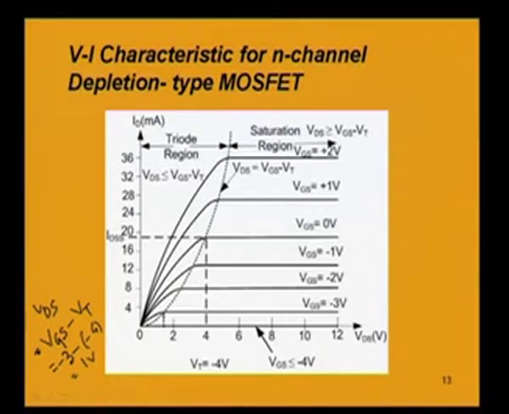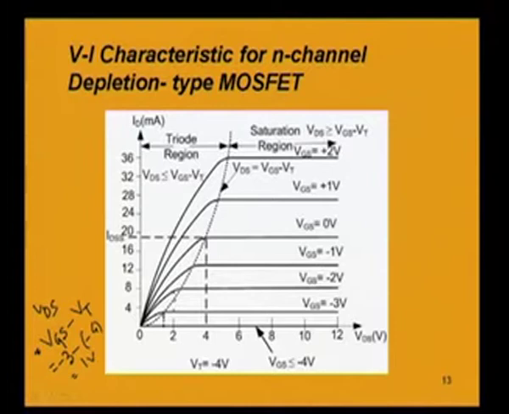Similarly, if we go on increasing the gate to source voltage, if now gate to source voltage is minus 2 volt, then the saturation value of the drain to source voltage will be minus 2 minus minus 4, that means minus 2 plus 4, that is 2 volt. So, around 2 volt we will have the saturation occurring. After this value, even if you go on increasing the drain to source voltage, the current is not going to increase, it will become saturated.